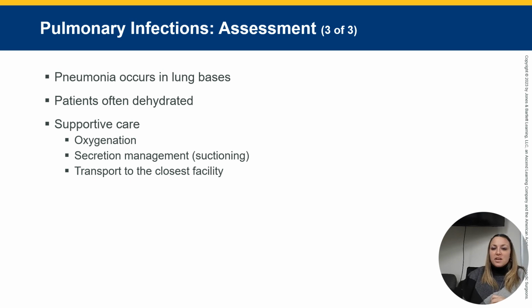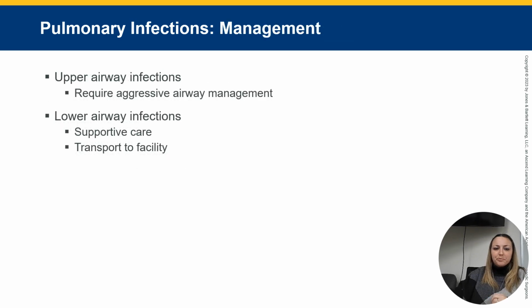But anybody that just has a bad cold and looks crummy should be able to be treated anywhere. Again, upper airway infections do require more aggressive airway management. We don't want someone's airway to completely become occluded, because then we don't have any way to breathe for them. For lower airway infections, we need to give supportive care and get them to a facility that can provide definitive care and treat them.